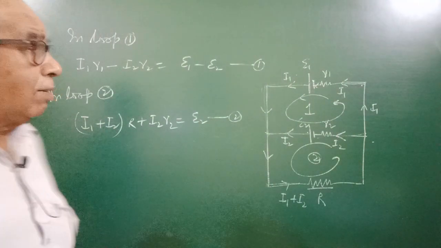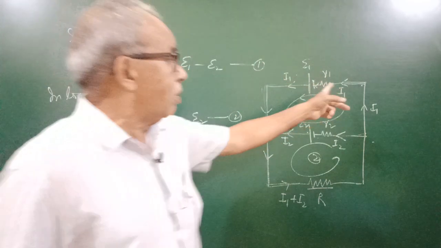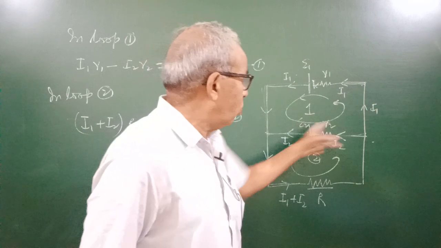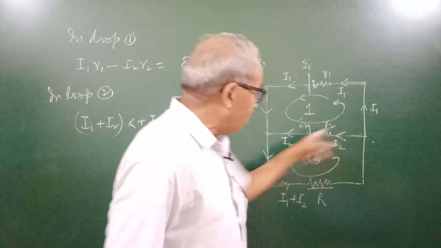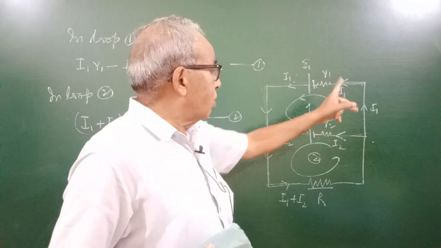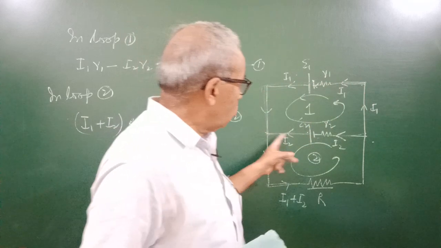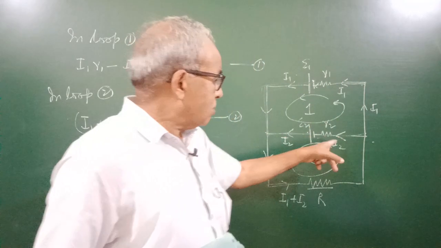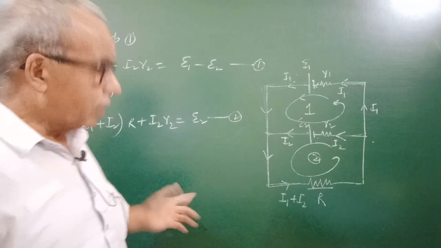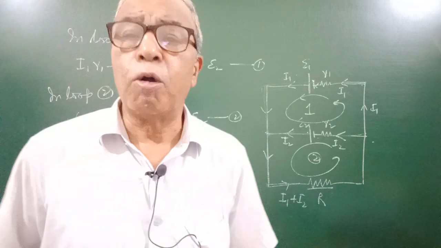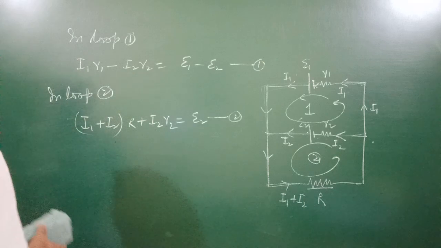Similarly, while applying the mesh rule, the product IR is positive if I and loop are in the same direction, and IR is negative if loop and current are in opposite directions. In resistance R1, current I1 is this way and the loop direction is this way, so positive. Here the loop is this way, current this way, so I2 R2 is negative. I hope you have got it. So I will solve some problems for you so that you may understand. Thank you.